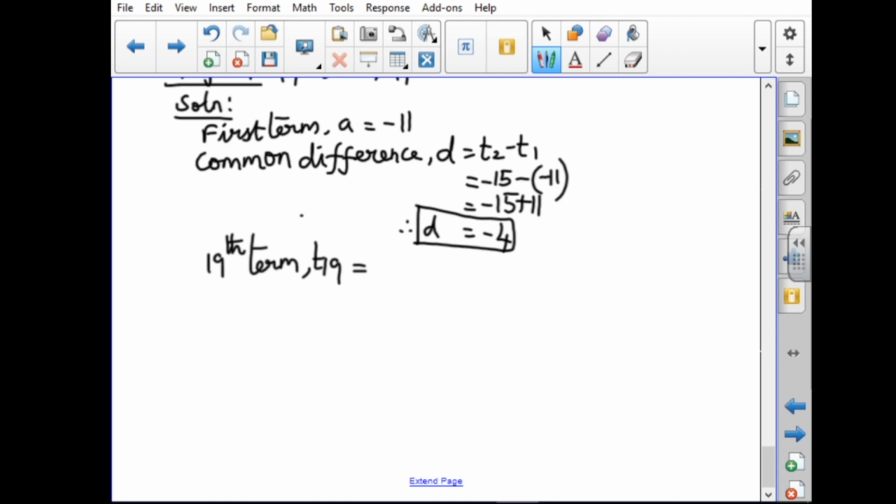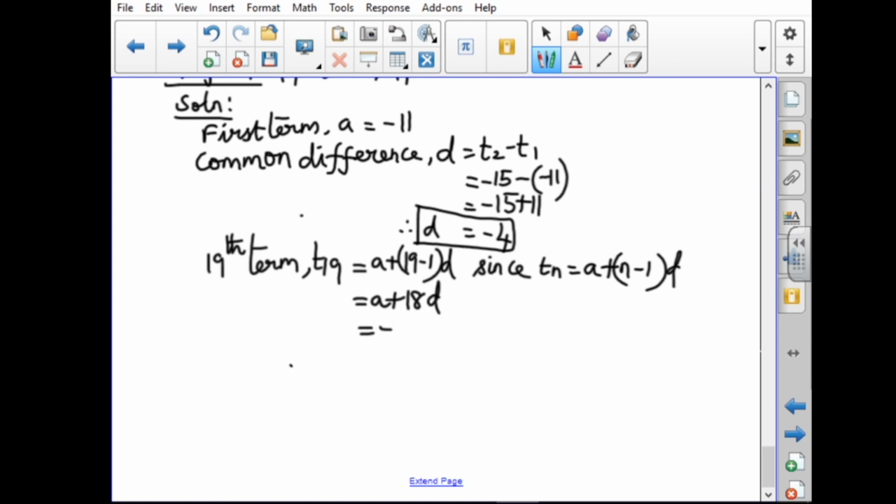For that we use the nth term: Tn equal to A plus n minus 1 into D. So write A plus 19 minus 1 into D. Instead of n you substitute the value 19, that is A plus 18D. A is minus 11 plus 18 into minus 4. The answer will be minus 11 minus, you have to multiply.